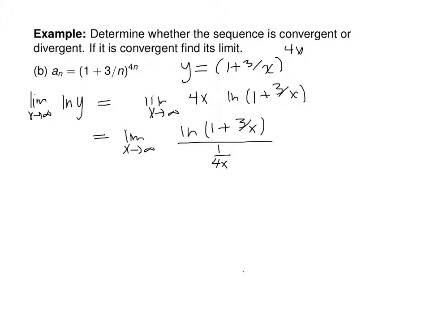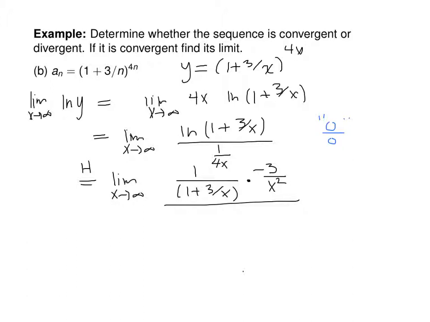And now this limit is of the form 0 over 0, so I can apply L'Hopital's rule as x goes to infinity. The derivative of ln of (1 plus 3 over x) will be 1 over (1 plus 3 over x) multiplied by the derivative of 3 over x, which is negative 3 over x squared.